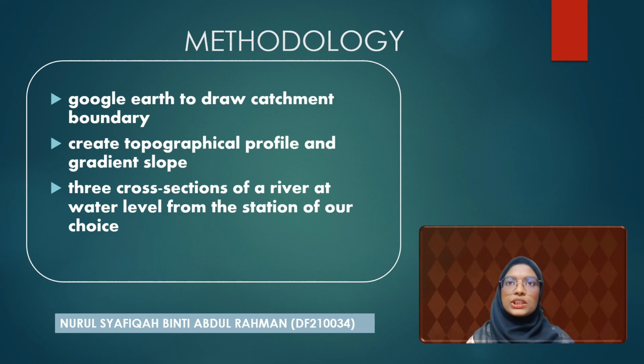Next, we use Google Earth to draw the catchment boundary of the station that we choose from the website Public Info Banjir. Aside from that, we must create a topographical profile and gradient slope in Google Earth, as well as 3 cross-sections of the river at the water level station of our choice.